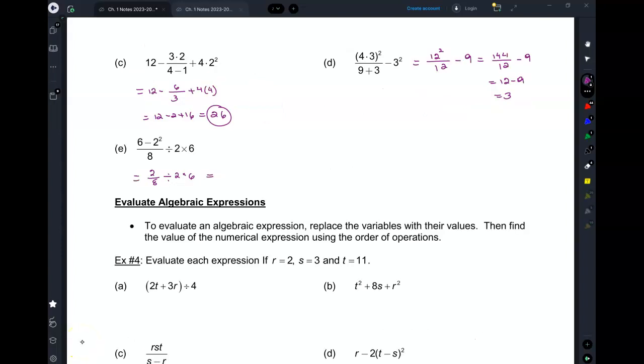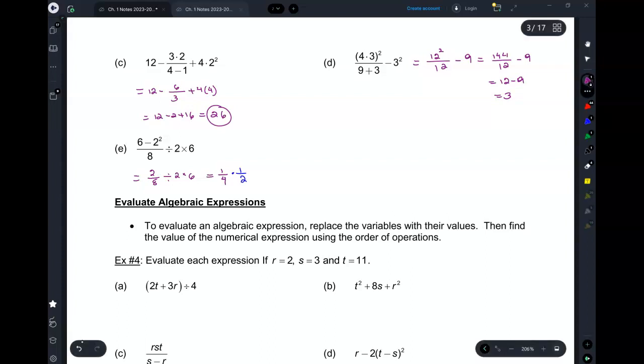Right? Okay, so now take a look at what happens here. This is 1 over 4 divided by 2, right, times 6. So now I have multiplication and division. I'm just going to do all of these in one shot from left to right. So how else can I write divided by 2? Is that the same thing as times 1/2?